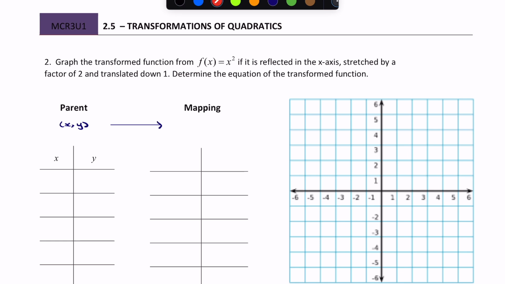In terms of our mapping notation, there's nothing in our transformations that affects the x values, but for the y values, because that's reflected in the x-axis, that means you have a negative, stretched by a factor of 2, so negative 2y, and translated 1 unit down.